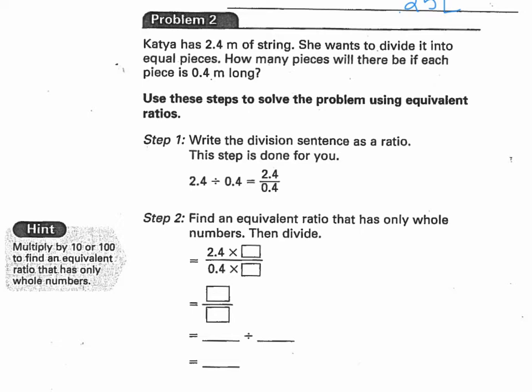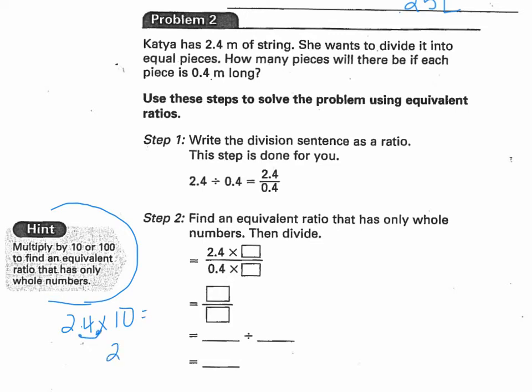Now let's look at another way of dividing. In our multiplication, we learned that we can multiply a decimal by 10, which moves the decimal place over 1.